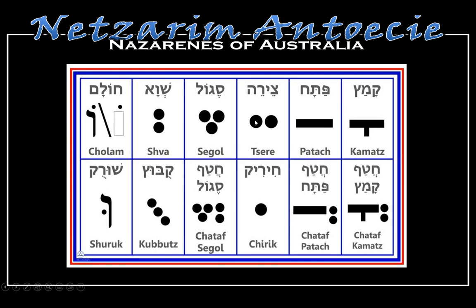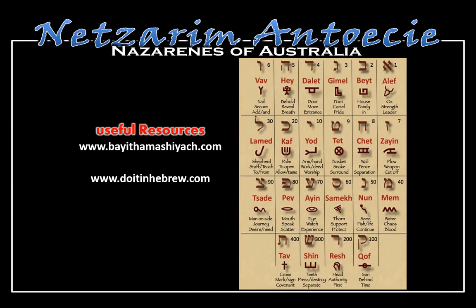And this is a zere, a long E sound. This is a patach, and it's a short A sound. And this is kamatz, a long A sound. And I won't do the bottom line, I just did the top.